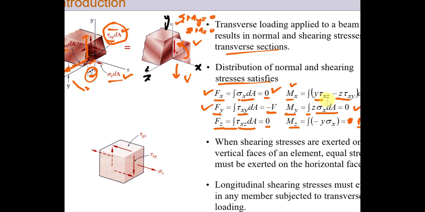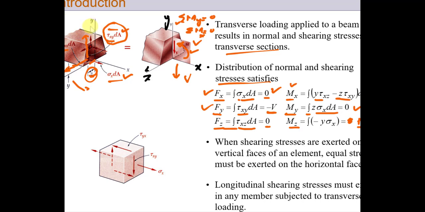That is why y into tau of xz into dA, and their sum must be equal to 0, because we have already discussed that this axis lies in the plane containing the moment, so moment about the x axis will be equal to 0. Therefore we have written that Mx is the integral of y tau of xz minus z into tau of xy into dA is equal to 0.